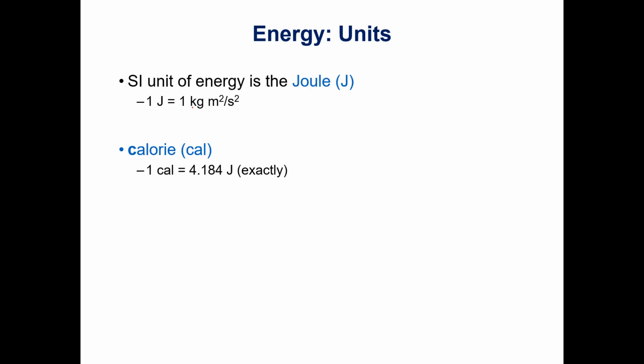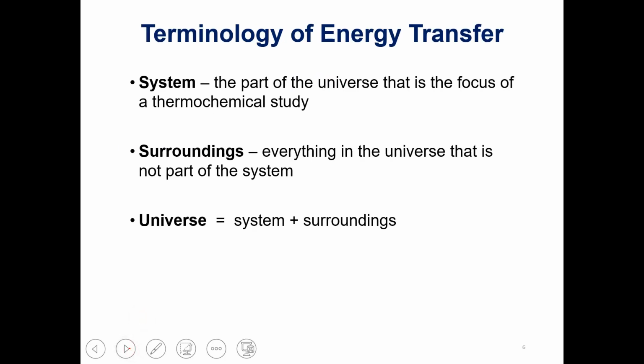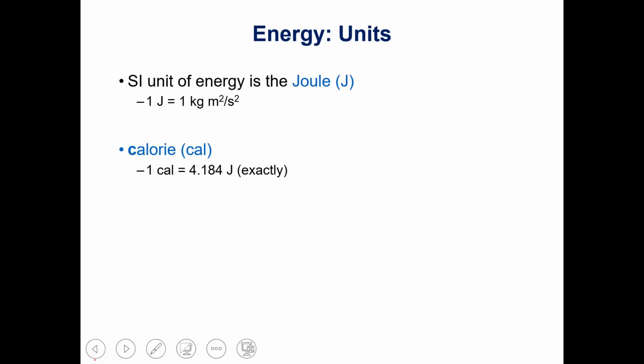A unit that you might be more familiar with is the calorie. So 1 calorie is equal to 4.184 joules. The calorie that you're familiar with is actually a calorie with a capital C, which is equal to 1 kilocalorie.